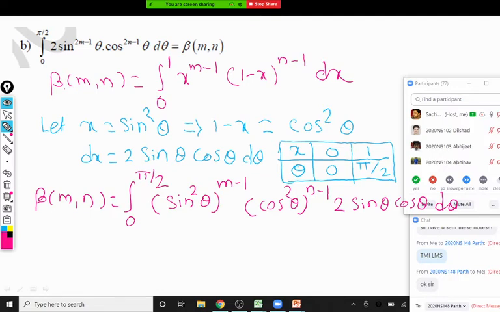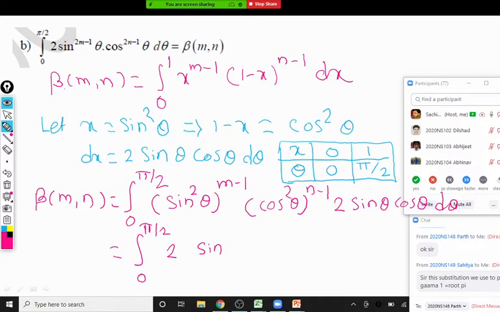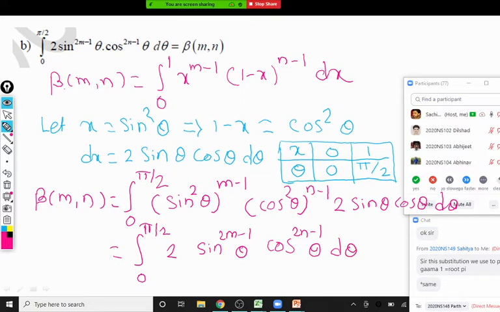So you will observe this 2 is a constant. We'll write it first as it is. This is sine raised to 2m minus 2, but here is plus 1. So it becomes the required power, sine raised to 2m minus 1 theta into cos raised to 2n minus 1 theta d theta, and that's the required trigonometric form of a beta function.